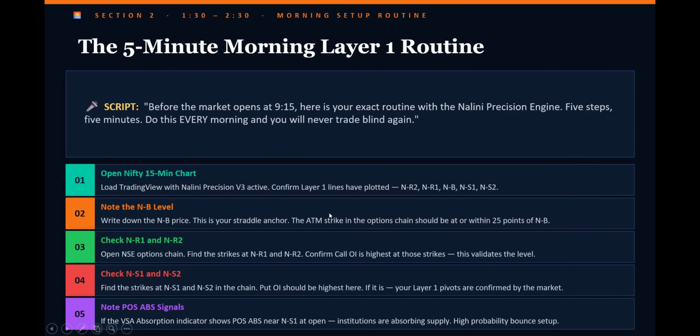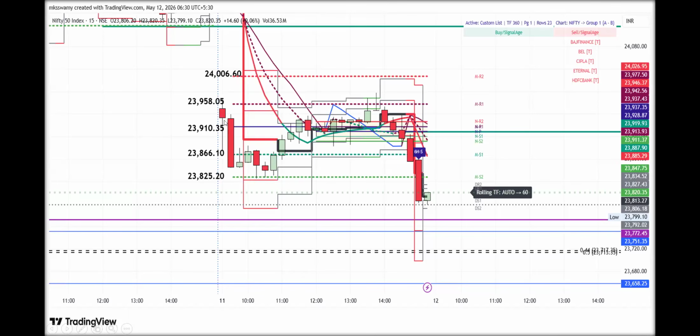So this is the 5-minute morning layer. Here you can see yesterday, this is the morning layer. This is the base point. Morning layer pivot, R1, R2, S1, S2. Amazingly, isn't it? Now, price has come down, and while closing, these layers have been plotted.